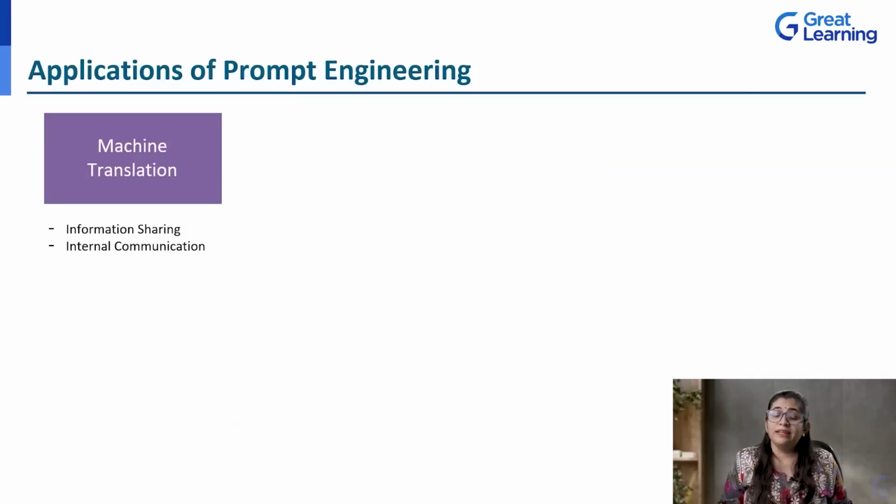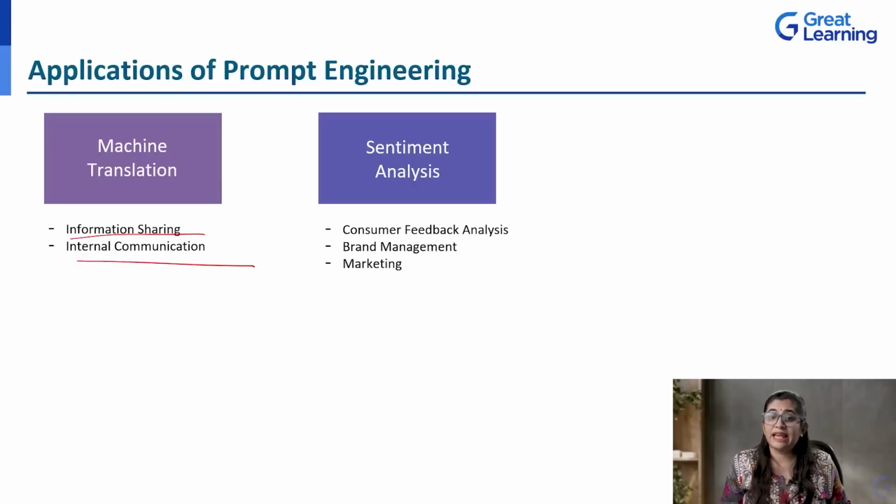Next is machine translation, information sharing, internal communication, anything related to machine translation. Then sentiment analysis, consumer feedback analysis, brand management, marketing, all these things can be done using sentiment analysis. And prompt engineering is used to create tools for this.